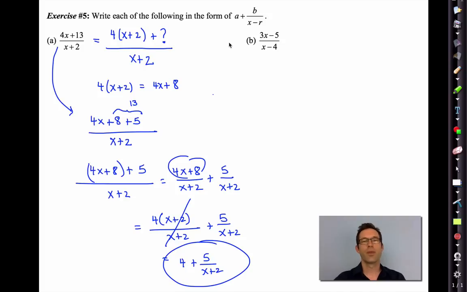Isn't that cool? We're taking advantage of the fact that addition is associative to break things up so that we can easily cancel factors, easily write it in quotient remainder form.